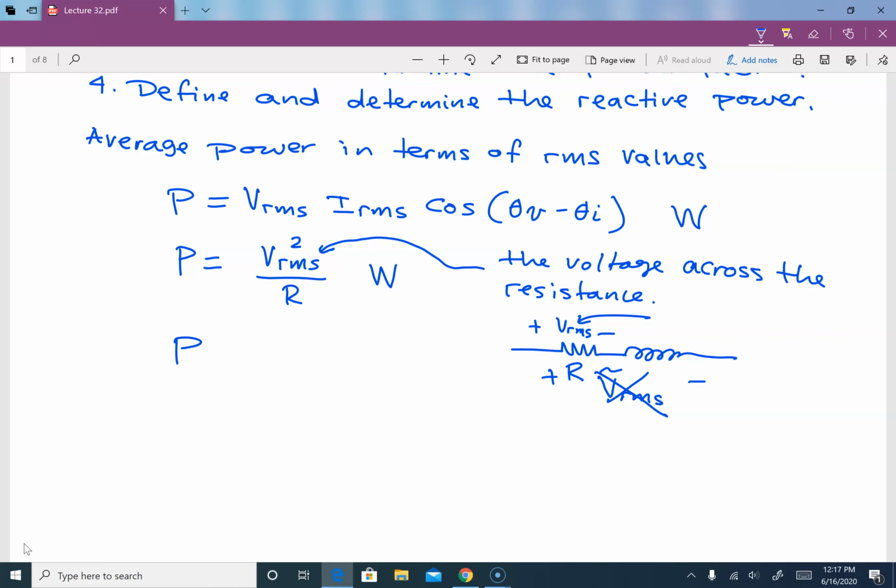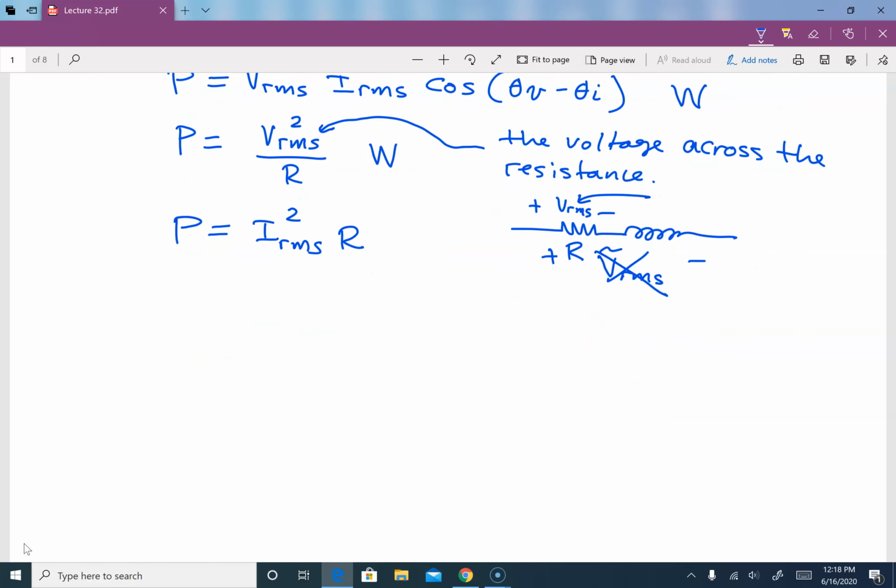Or we can use that P is equal to IRMS squared times R. So in this case, when we have, for example, an impedance like this, then this current, IRMS, flowing here, and this is R, JXL, then this current is flowing through the resistance.